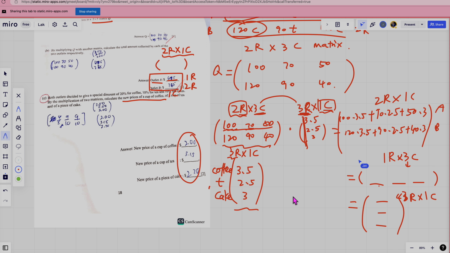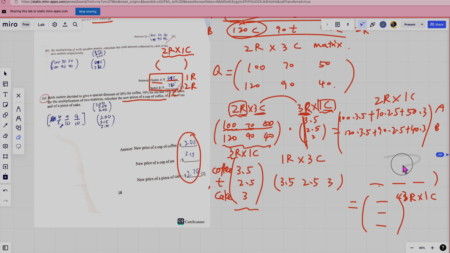In a way, instead of putting it like this, you can put the 3.5 like this. So this is your 1 row by 3 column, right?